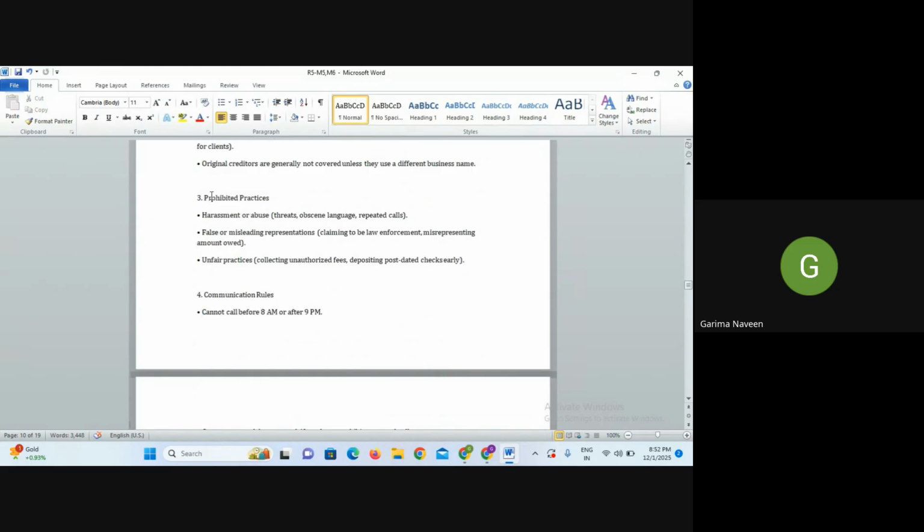Next is prohibited practices. Harassment or abuse: if someone is threatening, using obscene language, or making repeated calls, they are prohibited from doing this kind of act.